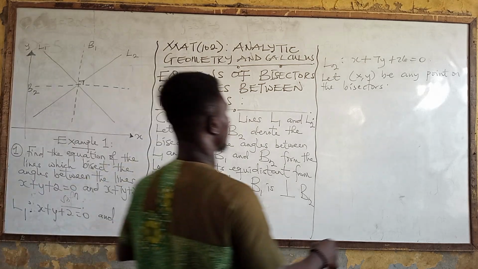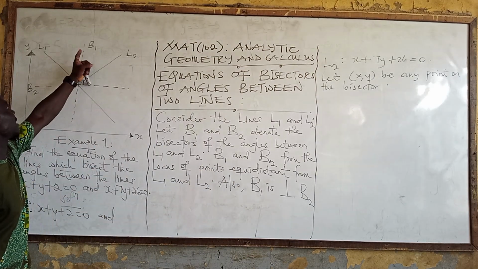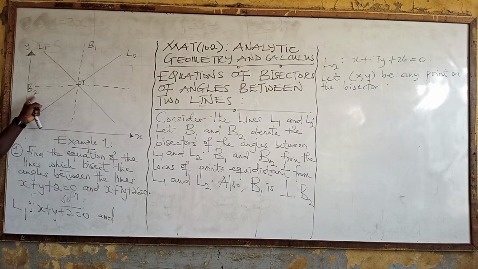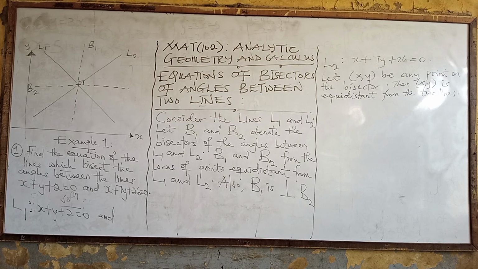If (x, y) is on bisector B1, or on bisector B2, then we can find the perpendicular distance. We let (x, y) be any point on the bisector, then (x, y) is equidistant from the two lines.